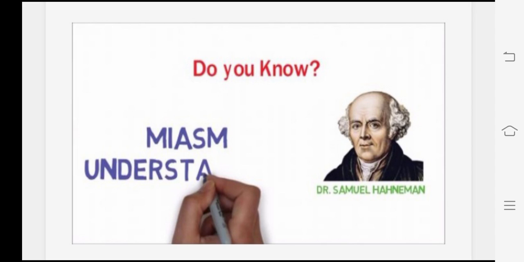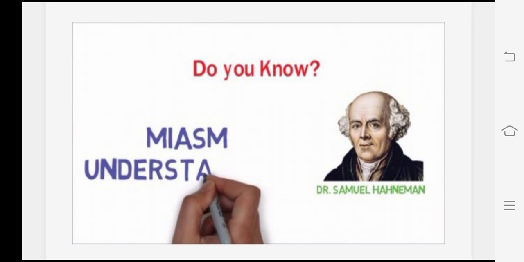In this, the chronic miasms are the fundamental cause of chronic diseases. They produce chronic diseases and predispose human beings to many diseases. There are three types of chronic miasm, that is psora, psychosis and syphilis.